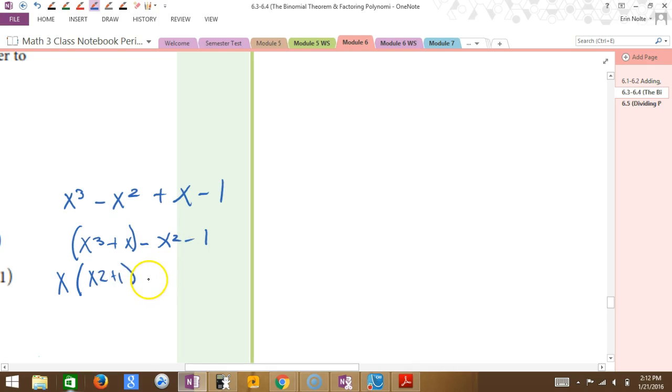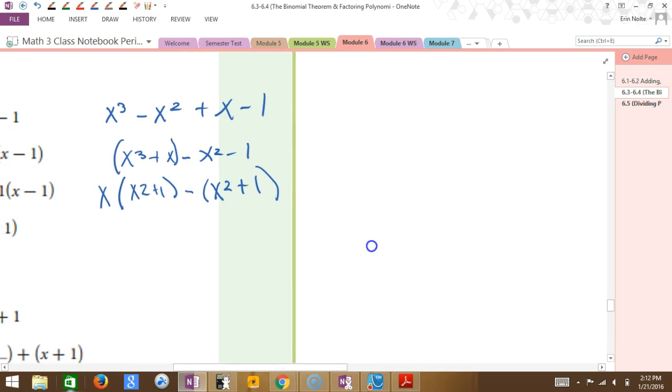And what if I took a negative out of this piece? Okay. So, oh, this is interesting. So what I have now inside of these parentheses, are those the same? So yeah, this is the key to factoring by grouping. Once you have the two pieces the same inside of the parentheses, this is what we can do.